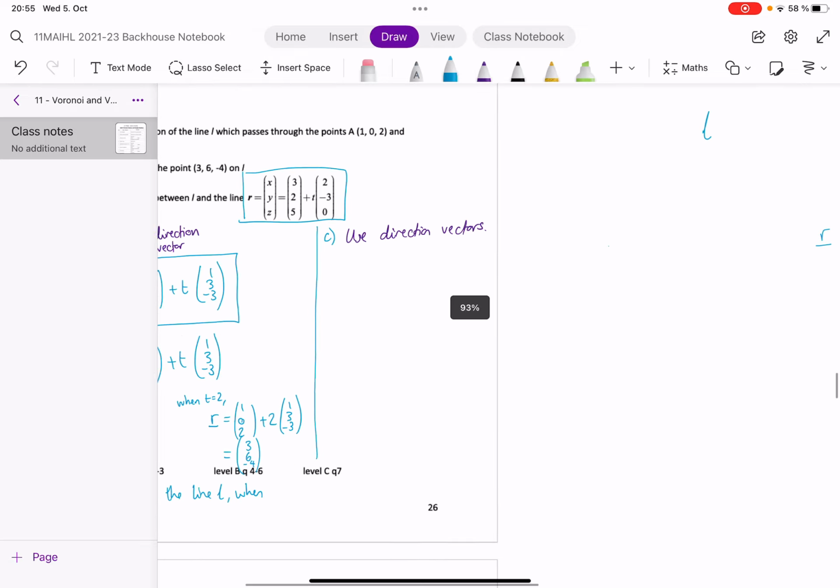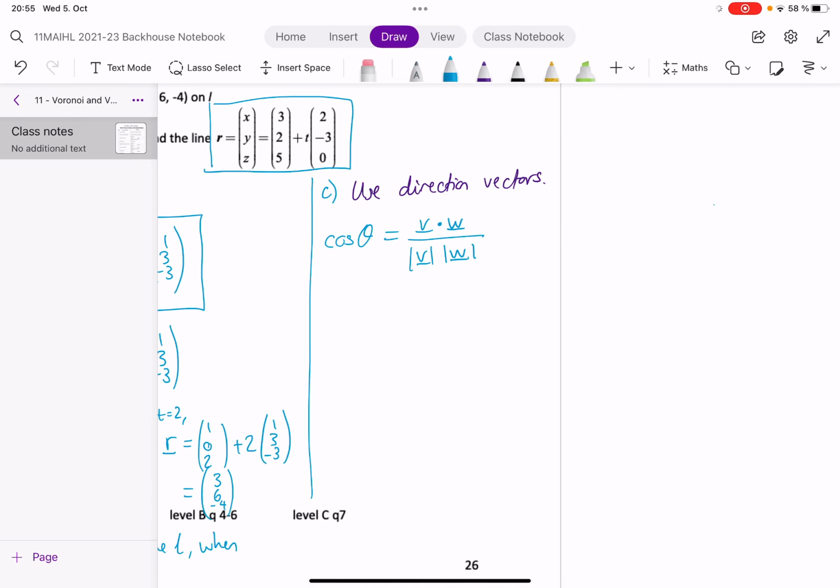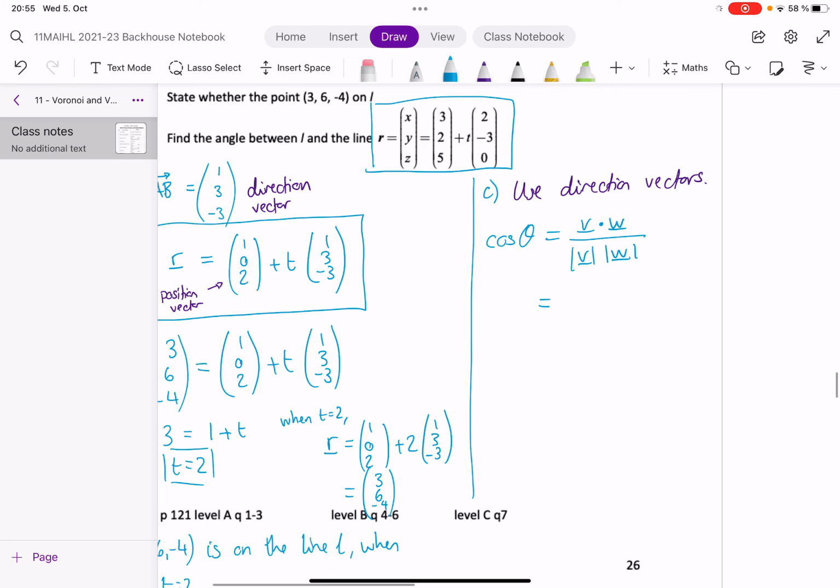Okay, so how are we going to find our angle? We're going to look at our formula guide, and we're going to say it is v dot w over the magnitude of v times the magnitude of w. And I'm going to use my direction vector from line L as v.